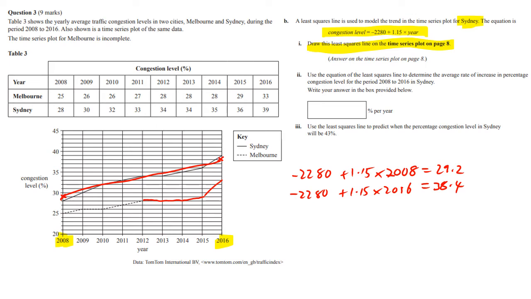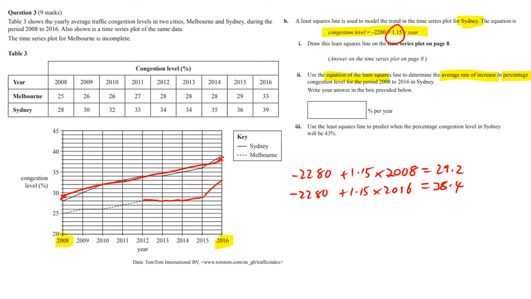Now the next one is use the equation that we've already got, and determine the average rate of increase in percentage. What they're trying to do here is just ask you about a gradient. There's always a gradient question or a y-intercept question. So you should have that sense of, it's either going to be gradient or y-intercept.